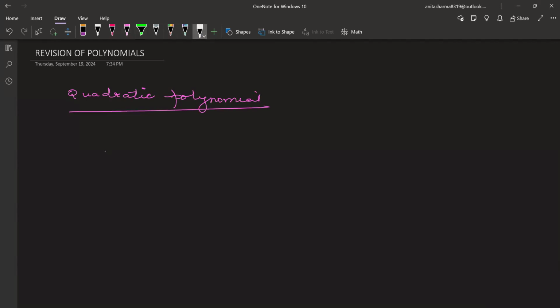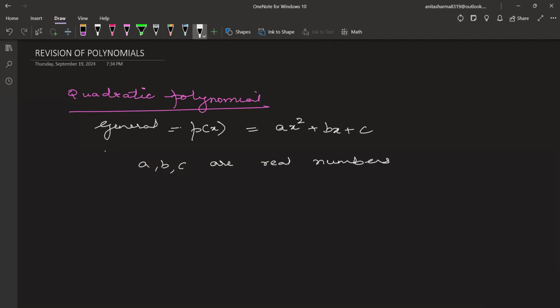So, the standard or general quadratic polynomial, you will represent it as px is equal to ax square plus bx plus c, where a, b, c are real numbers. And the value of a should not be equal to 0, because if the value of a is 0, then it will become a linear polynomial. Clear, ma'am? Yes, ma'am.